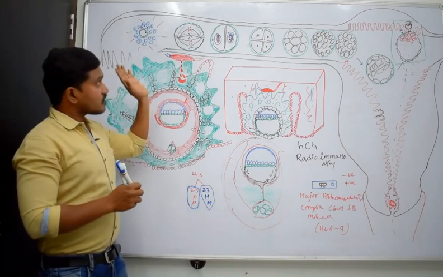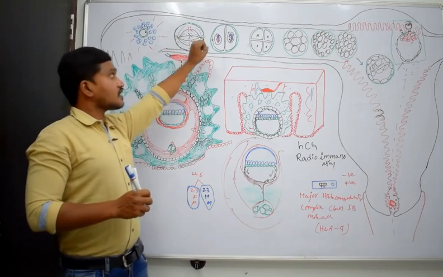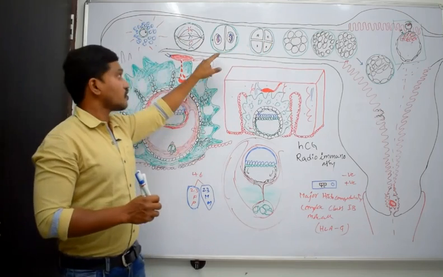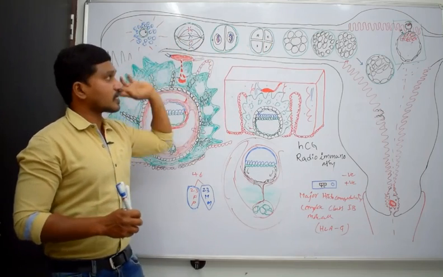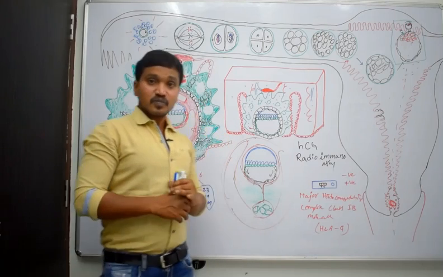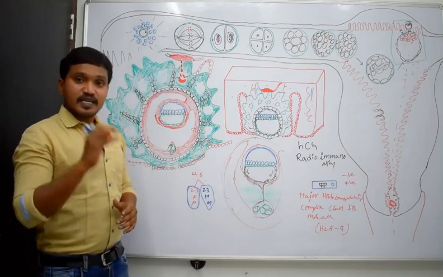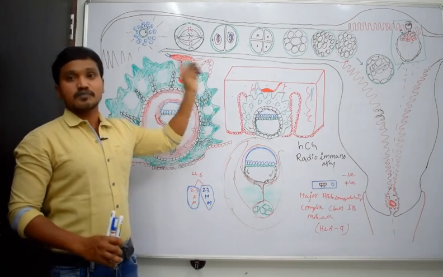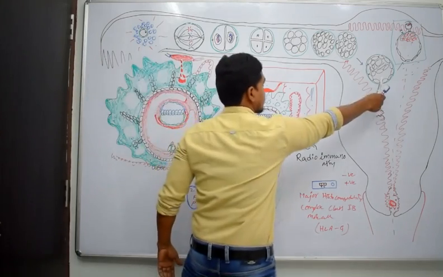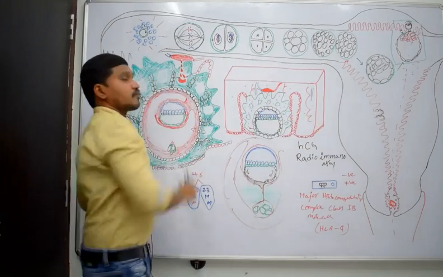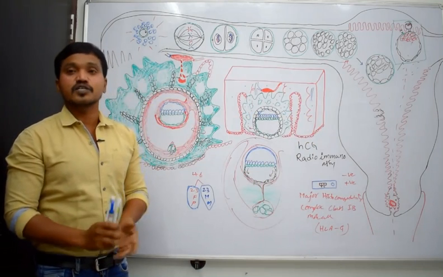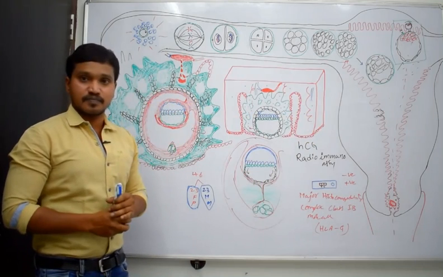So because of ciliary beat and alternate muscular contractions, that means peristaltic movements of the fallopian tube, this embryo will be transported towards the uterine cavity. Clear? So if there is any abnormality in this transportation process, the embryo will not reach the uterine cavity. Somewhere within the fallopian tube it will be embedded or attached, which leads to tubal pregnancy.